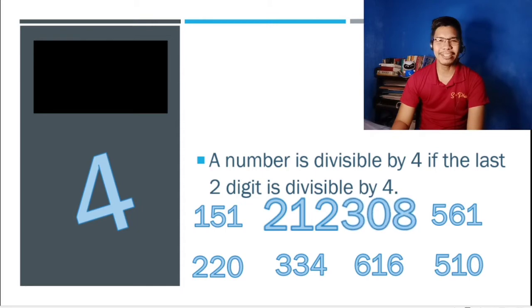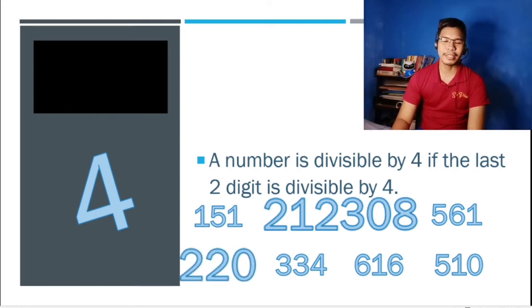Next is 308. The last two digits are 08, or simply 8. 8 is divisible by 4, so therefore 308 is divisible by 4. Next is 220. The last two digits of this number are 20, and 20 is divisible by 4. So therefore, 220 is divisible by 4.